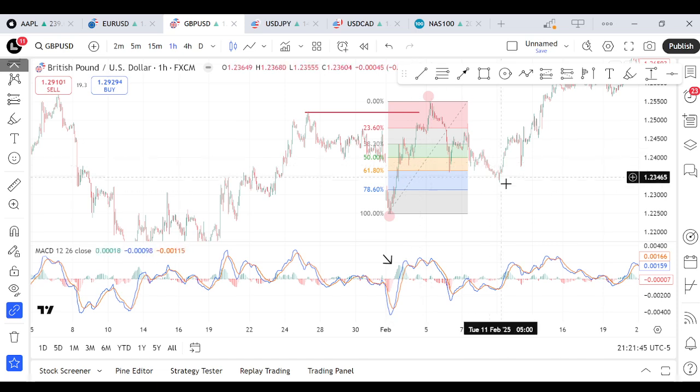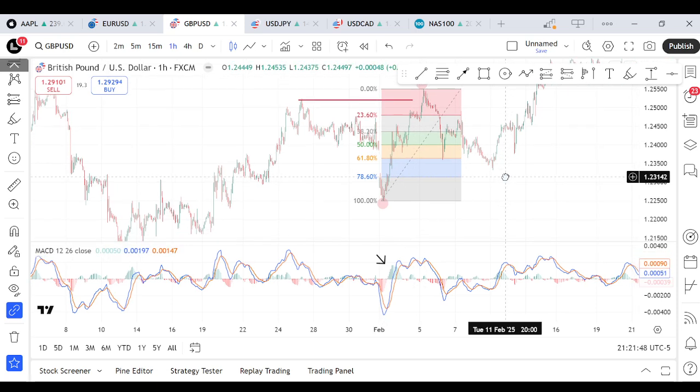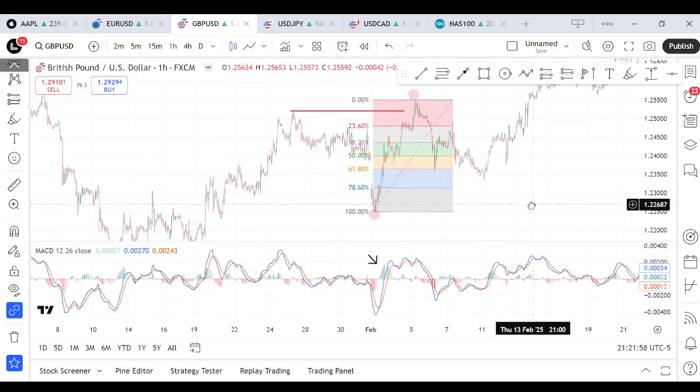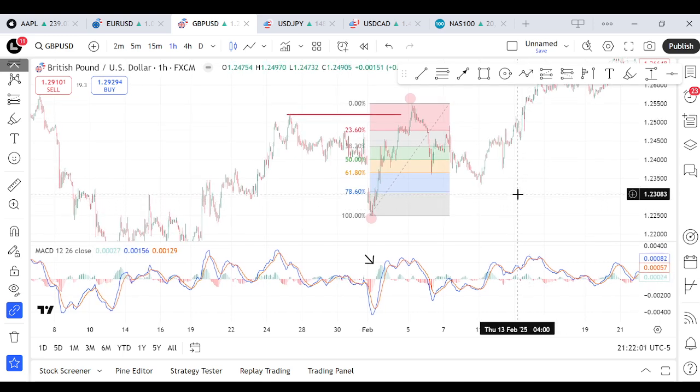So the first step is identifying the market trend. Are we bullish? Are we bearish? Then the next step, once you've identified the trend, plot Fibonacci retracement levels just like I've done. In an uptrend like this, draw these levels from the swing low to the swing high. And in a downtrend, reverse this by plotting from the swing high to the swing low.